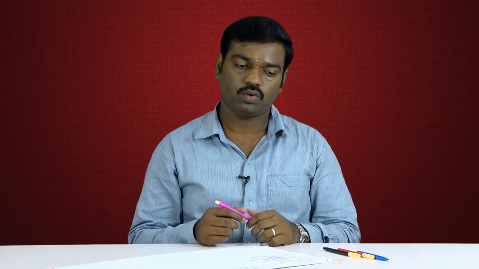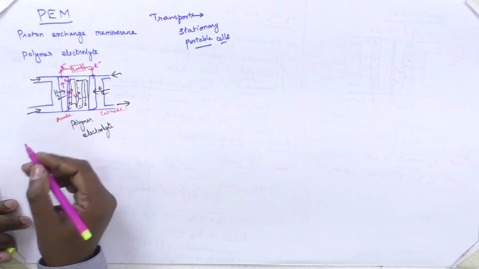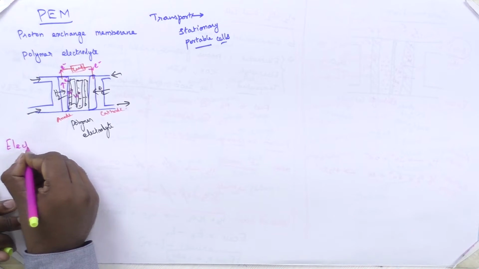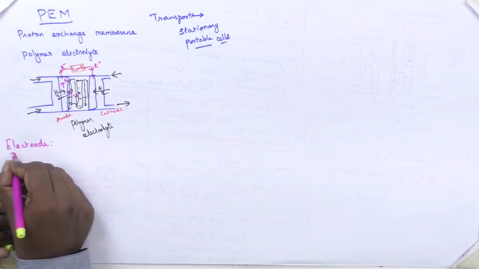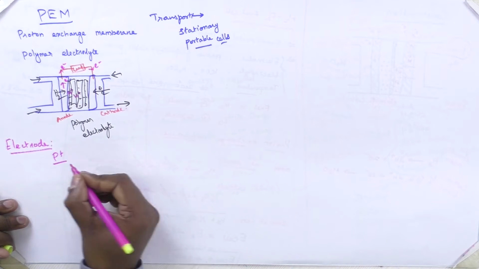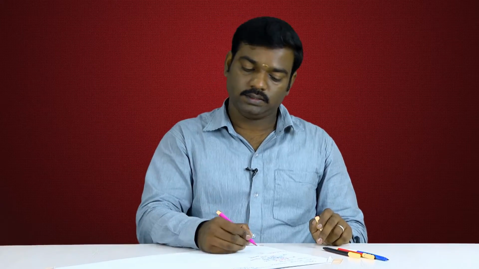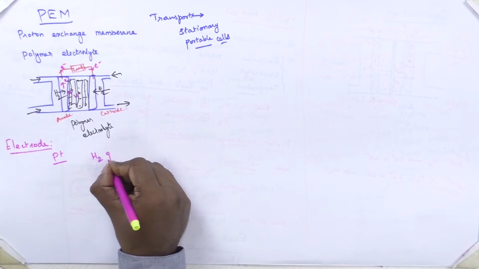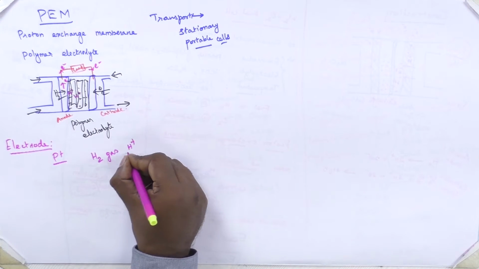Then we have to know about the electrode materials and the electrolyte, that means the membranes. Here we use special platinum based materials as the anode and cathode. Platinum has the potential to split hydrogen gas into hydrogen ions.